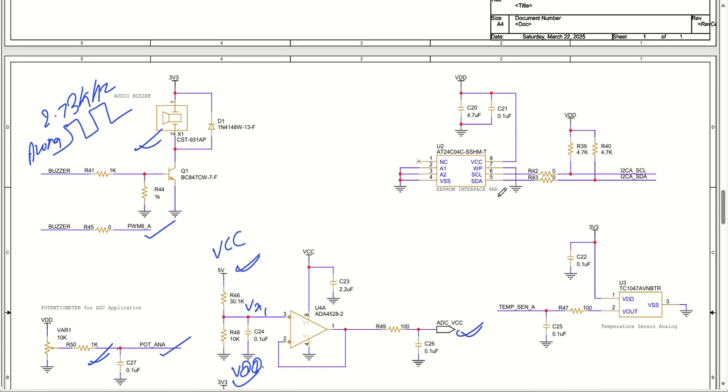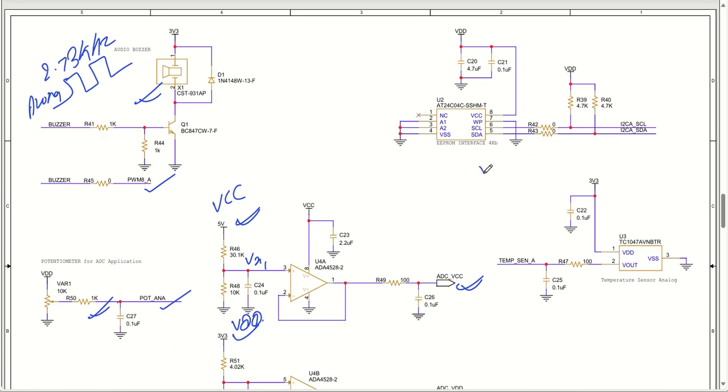We have an onboard EEPROM. This EEPROM IC is from Microchip Technology, with 4 kilobits of memory, and it has an I2C interface. It is a very simple I2C interface design for the EEPROM, with the I2CA SCL and I2CA SDA lines getting converted here.